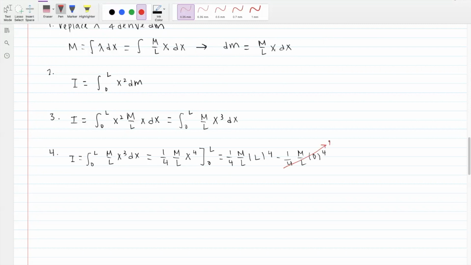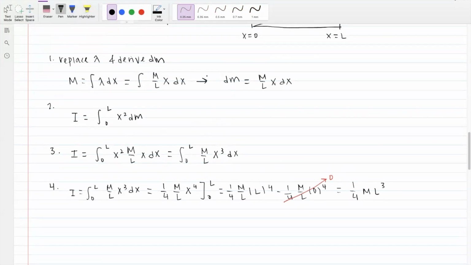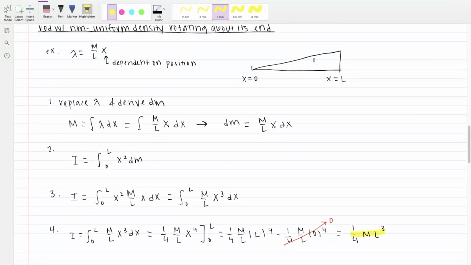This whole term cancels out. This will leave us 1/4 m, and these L's will cancel, so we have L to the third. So this would be then your moment of inertia of a rod with non-uniform density, given that the density equation is represented as such.